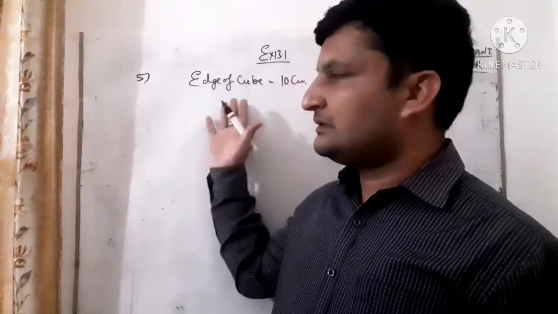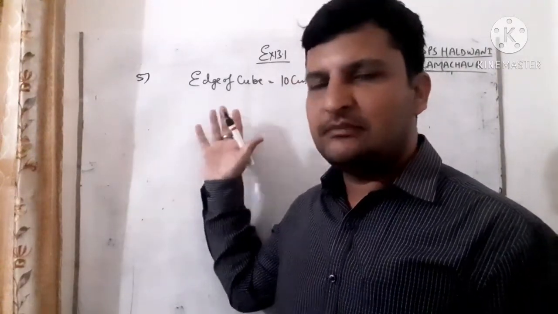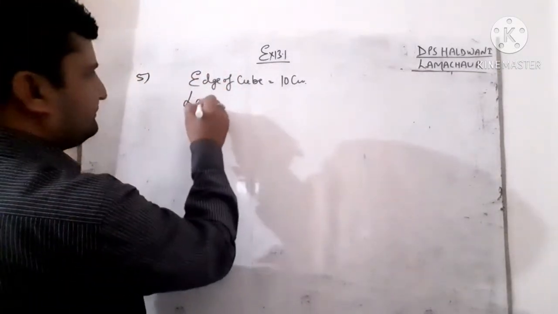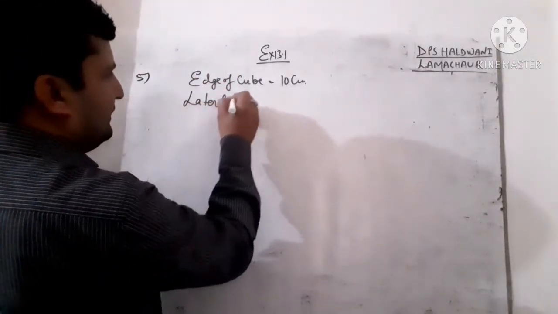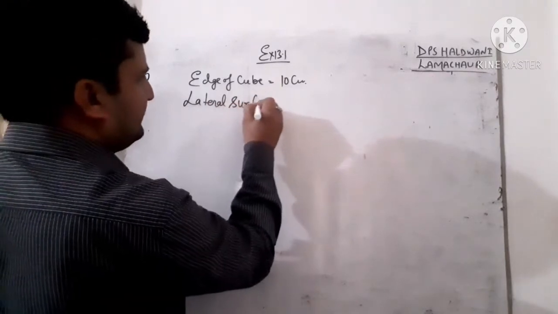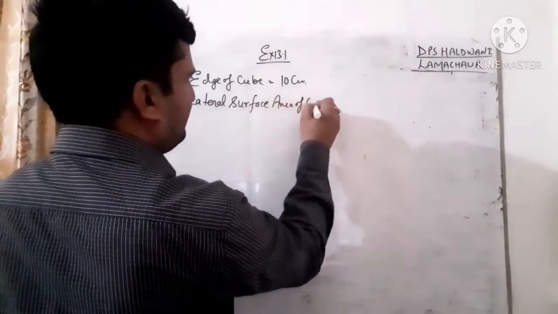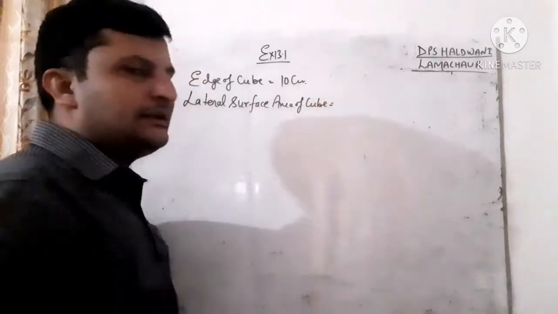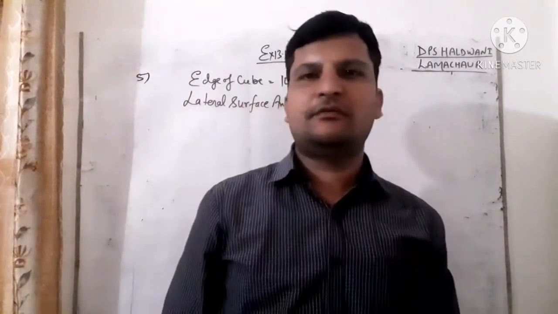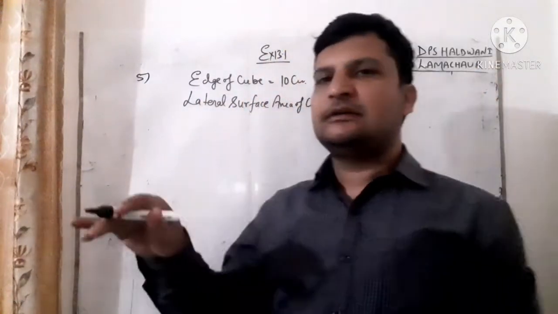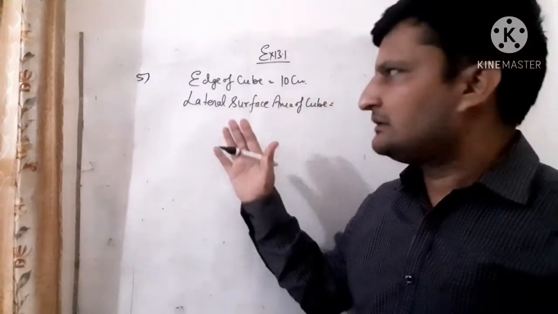So the first box is the cubical box. So we can find the lateral surface area of the cube. Students, the lateral surface area of the cube means we have to remove the base and the top. If we remove the base and the top, this is called lateral surface area.